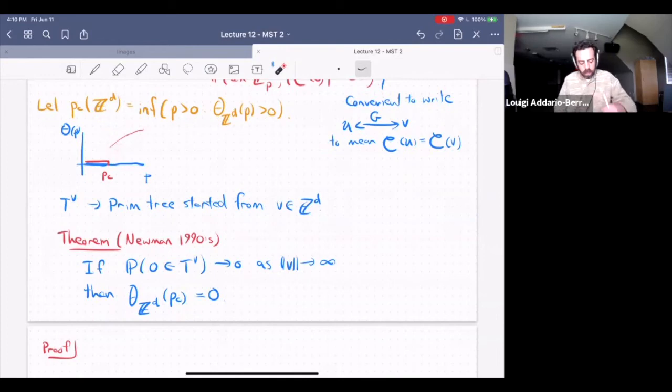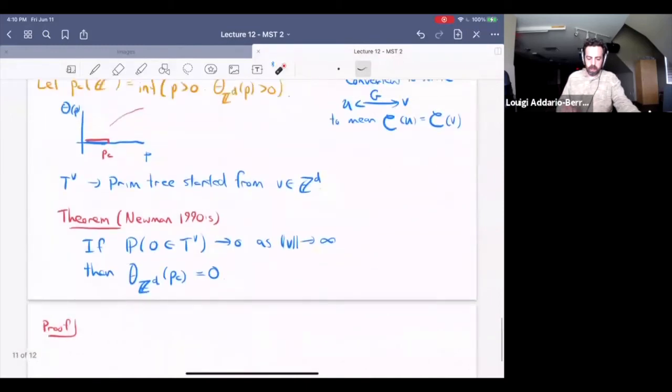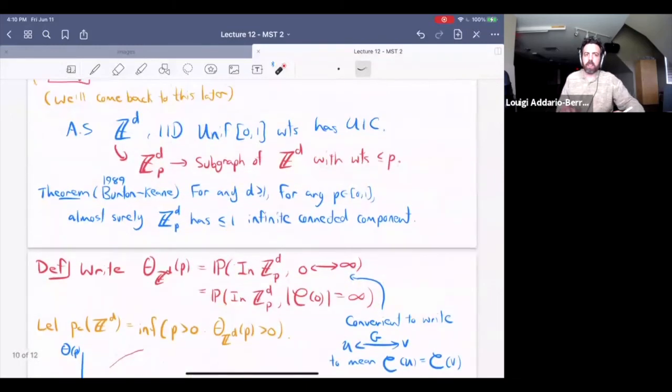Okay, so let me give you this proof. It's not fully self-contained. I'm going to use the Burton-Keane theorem that I stated up here, and I'm also going to use one other fact which some of you might not have seen, which is called the FKG inequality, which basically says that when you have 2 events which are both increasing in some underlying randomness, and so in our setting, turning on edges makes them more likely to occur, then those events are positively correlated.